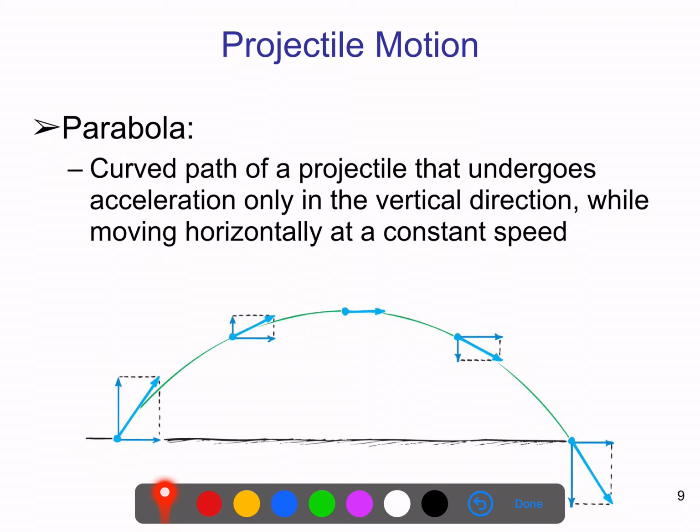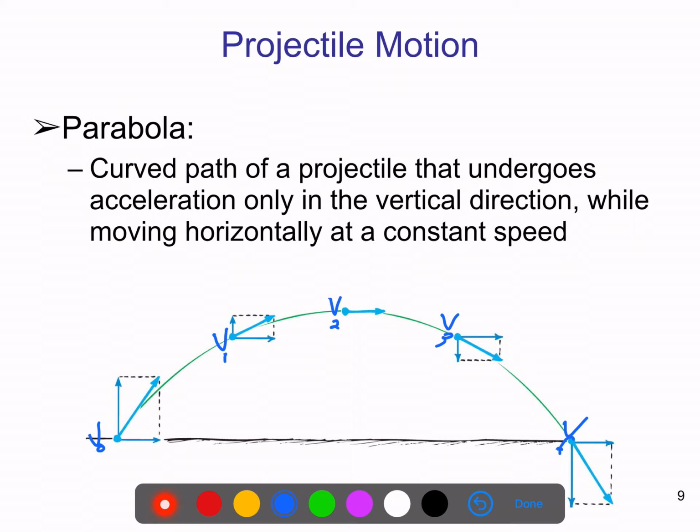The blue vectors that you're seeing at each point in time are depicting the velocity, both horizontal, vertical, and the combined resultant velocity at each moment in time. Now, what I want you to focus on at first is just the horizontal component. Notice that the horizontal component, so this is V, by the way, we should label these as V. Okay, and we can even go further and call this V initial, V1, V2, V3, and V final if we want to.